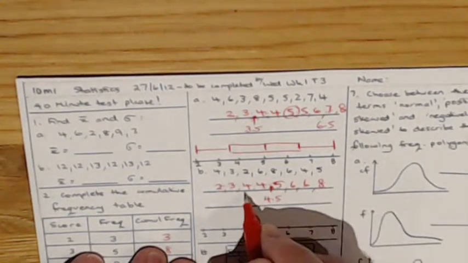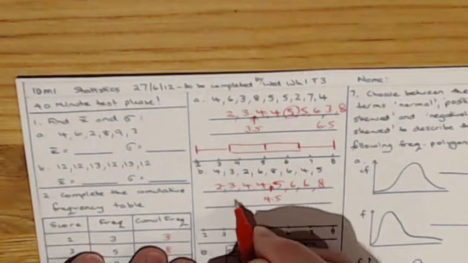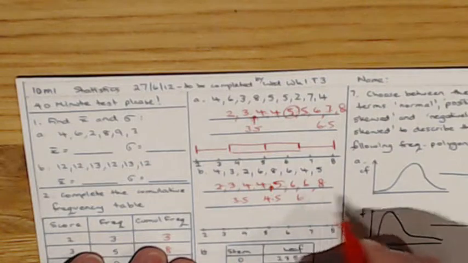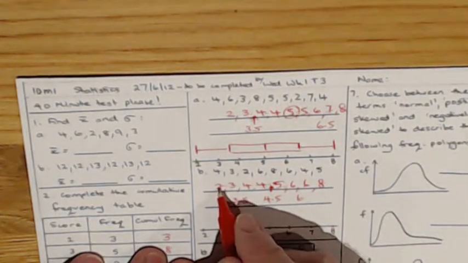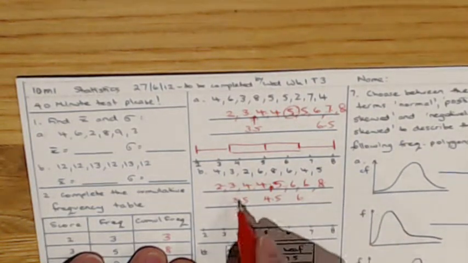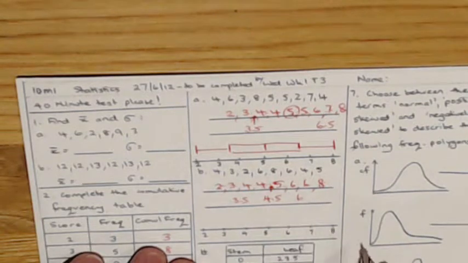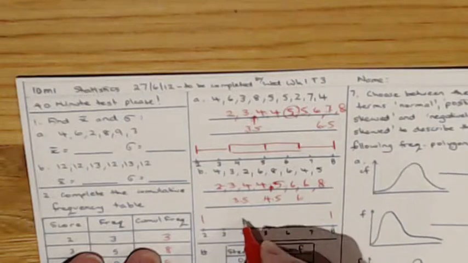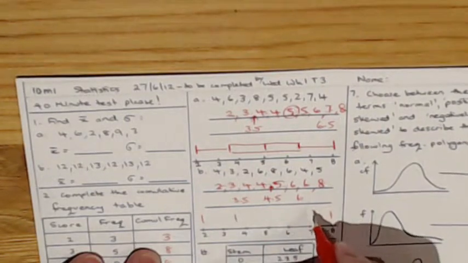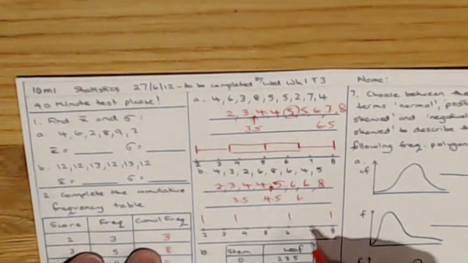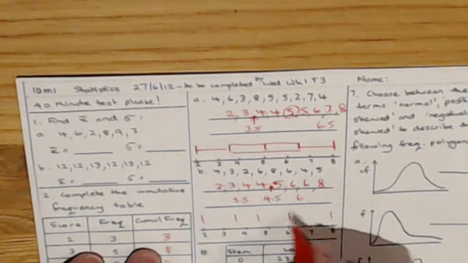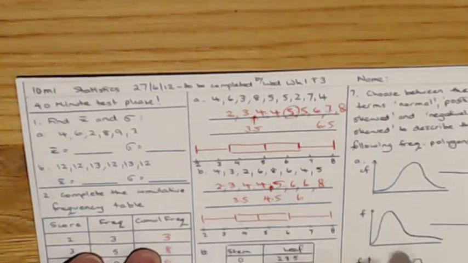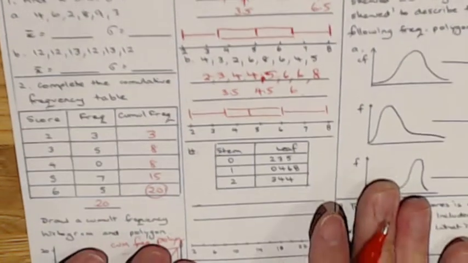The middle of the 4 scores before it is 3.5. The middle of the 4 scores after it is 6. So again, we have lowest score, highest score, and then Q1, median, and Q3. 2 is our lowest score, 8 is our highest score, 3.5 is our lower quartile, 6 is our upper quartile, and 4.5 is our median. And we end up with this diagram, that being our box and whisker plot.